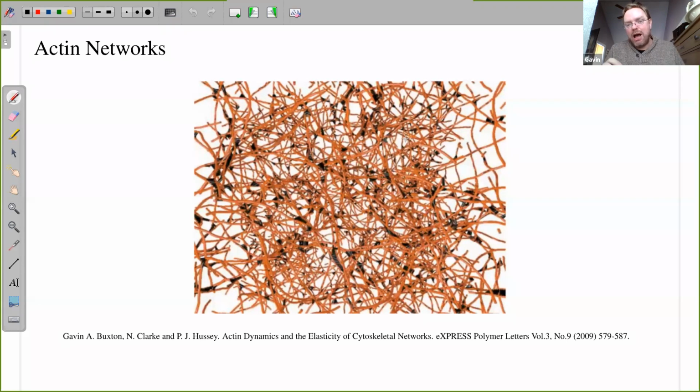But anyway, this is using a model where we coupled the movements of these actin chains and the elastic properties of the network as well. We can change the parameters, such as how much actin is present and what the polymerization rates are, and then couple it to the mechanical properties of these actin networks.